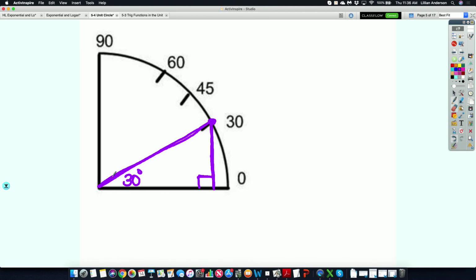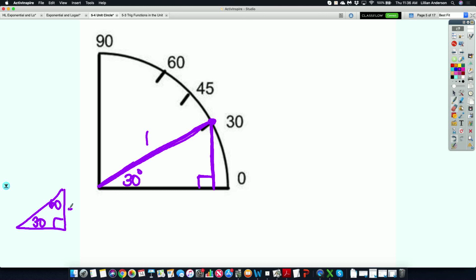And since this is the unit circle, what's the radius, aka hypotenuse, of this triangle? 1. Now, if you recall from 30, 60, 90-degree triangles and the makeup of them, the side across from the 30 was what in general? Remember the labeling of those special right triangles?